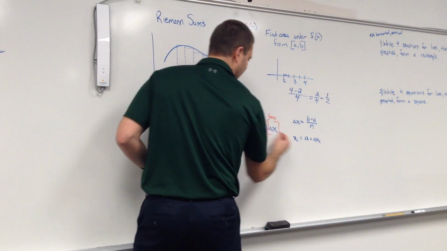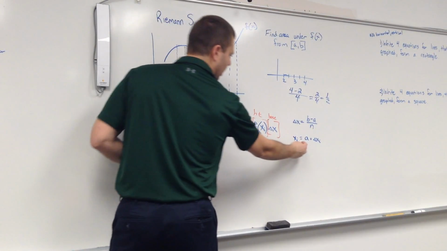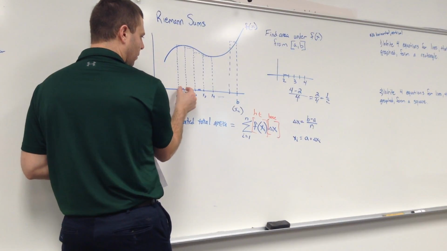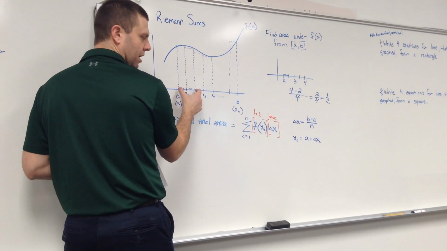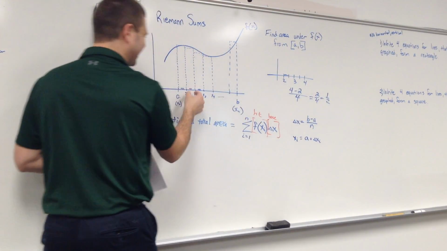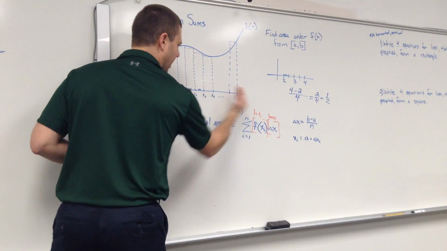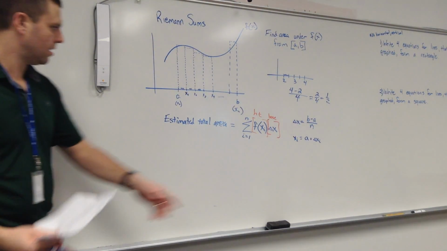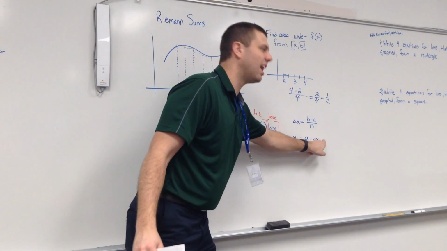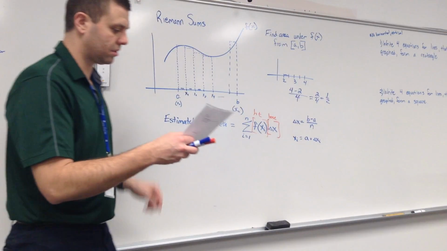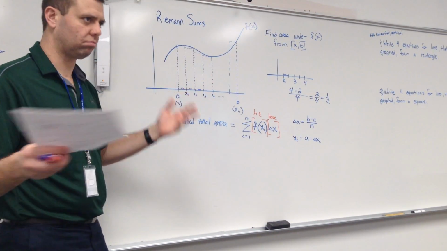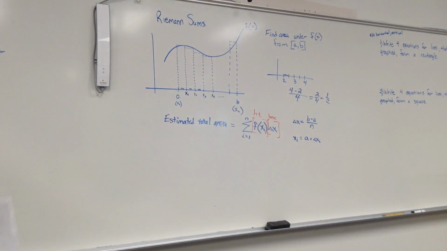So basically, x sub i is going to represent my leftmost point, and then I'm going to add 1 delta x. Then I'm going to add 2 delta x's. Then I'm going to add 3 delta x's to keep moving along and finding the different heights as I go from A all the way to B. So I'm starting at the left endpoint, A, and I'm adding a delta x i times. Adding it once, adding it twice. So far, so good. Okay?